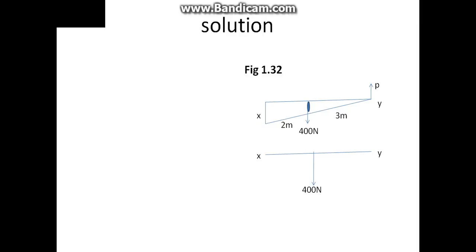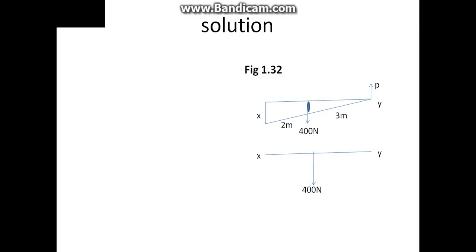And the center of gravity of the non-uniform rod is 2 meters from X. Then we are asked to get the force required to pull the non-uniform rod at a point P upwards.